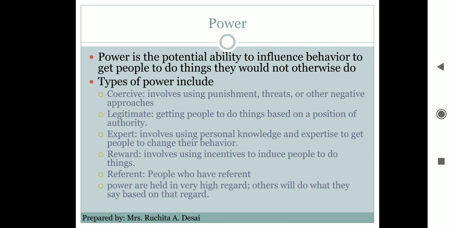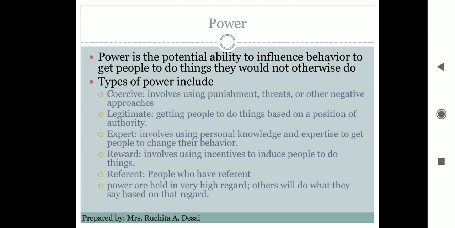Using power, you can compel people to do these things, even if they do not want to do them.